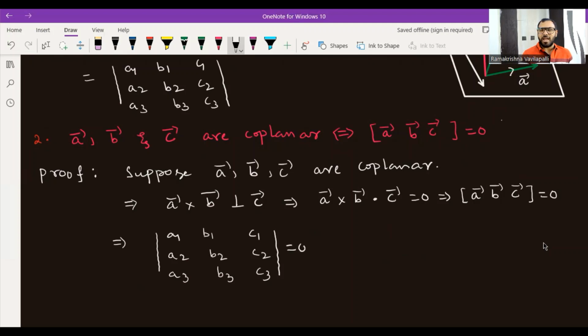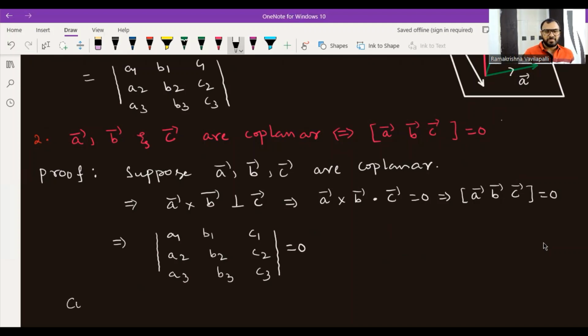So it is just an application of a very simple 3 by 3 determinant. If three vectors are coplanar, then their determinant equals 0. We can prove it in reverse also.